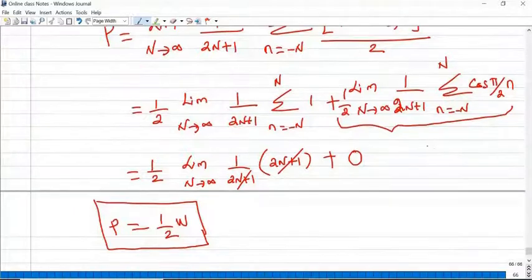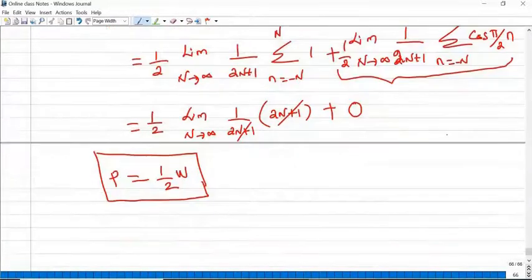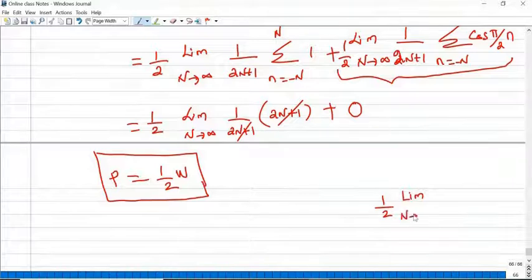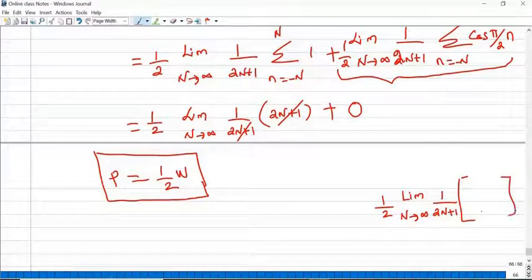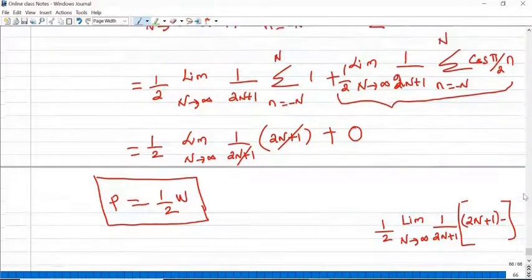Last step. 1 by 2 limit n tends to infinity, 1 divided by 2n plus 1. Then we will get some answer here by solving this particular step. Is there a possibility that your answer is available in the form of 2n plus 1 for this cos pi by 2n? No sir, not possible.